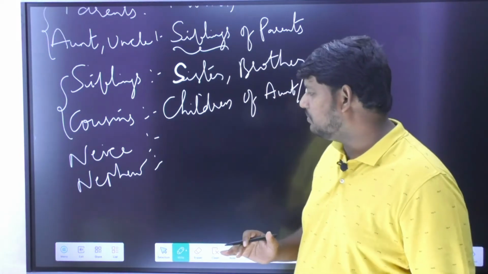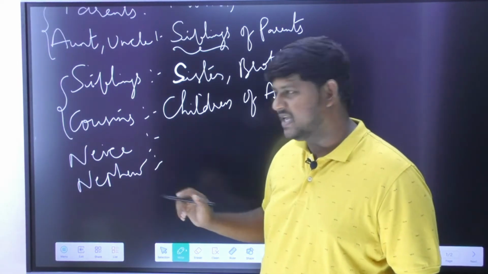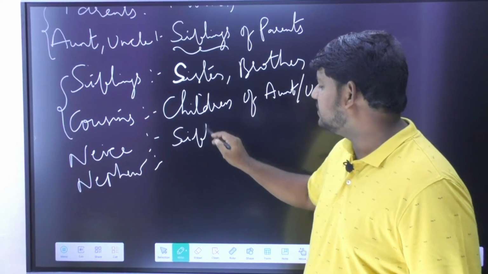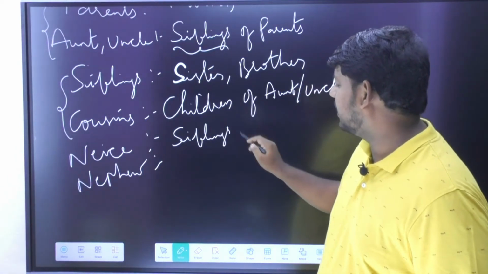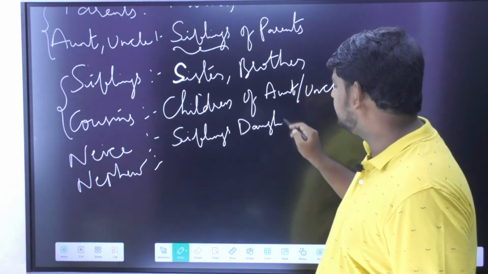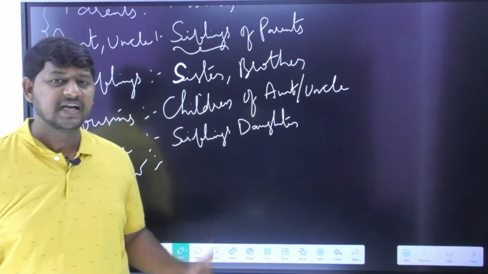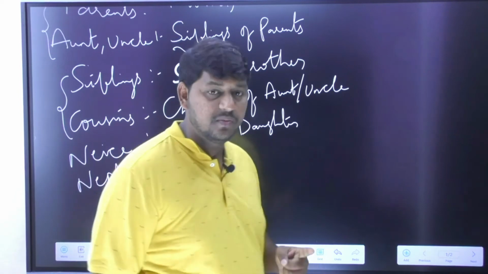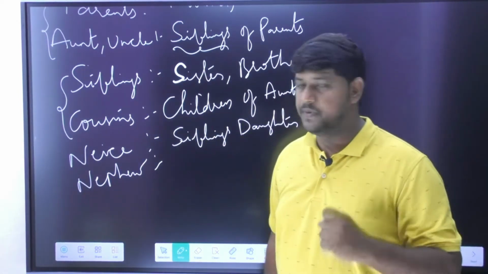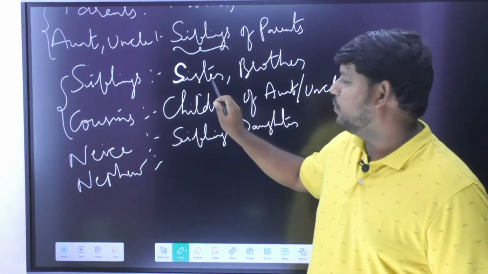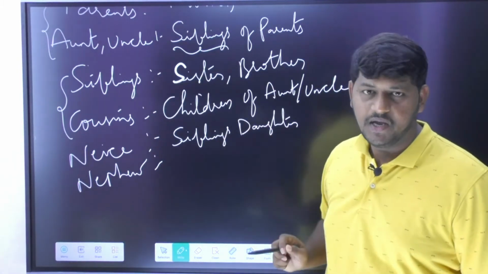Please do remember, this topic clearly says niece is nothing but your sibling's daughter. This is the way you need to remember. Your sibling's daughter is nothing but your niece. Please remember this information for a long period. Now siblings include both your sister as well as brother.